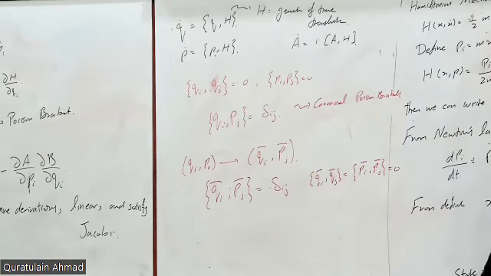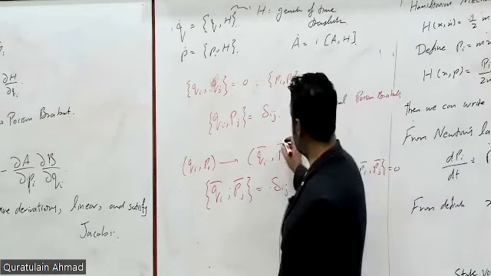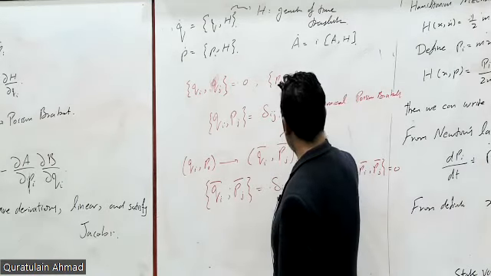You might think that this would be a very restricted class, but actually it's a very, very large class of transformations which preserve this canonical structure. And these transformations are called canonical transformations.